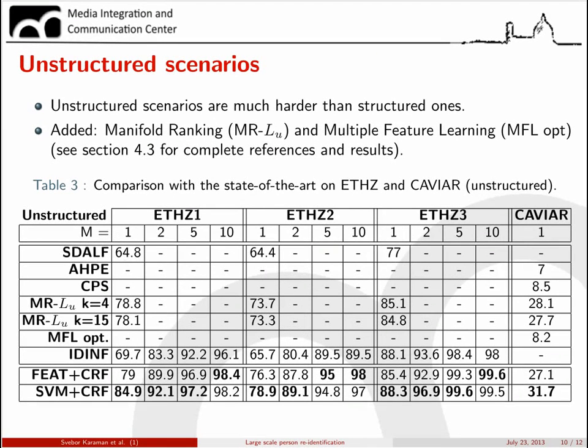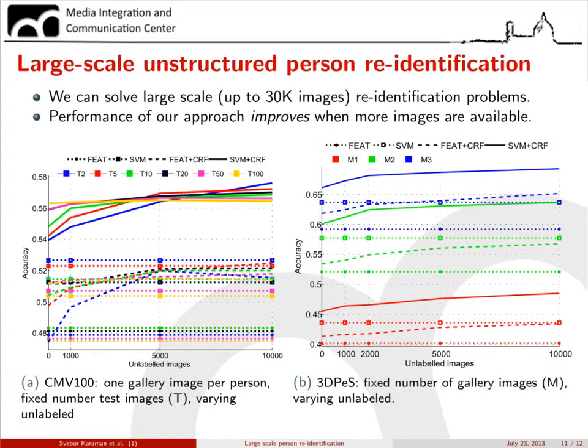In a next set of experiments, we demonstrated how our approach performs on unstructured re-identification scenarios. In this table, our results are again given in the last two rows. We see from this table that our approach significantly outperforms the state-of-the-art, including other semi-supervised approaches like identity inference and manifold ranking.